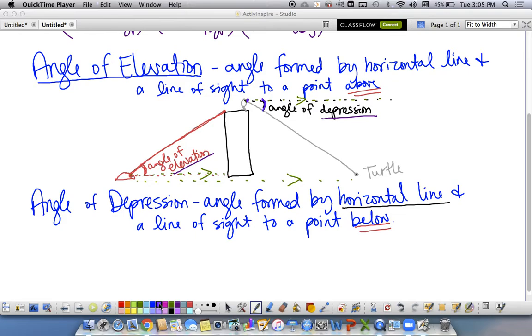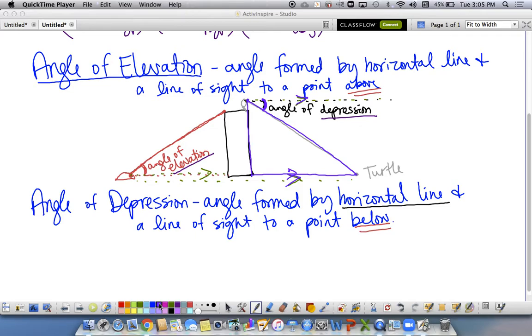But the purple line, the angle of depression, is outside the triangle that I might draw right here. So if I want to find information about that triangle, I have to put that angle of depression into my triangle. Well, if all these horizontal lines are parallel to each other, what do we know about this angle right here? If these lines are parallel, what is parallel to that?